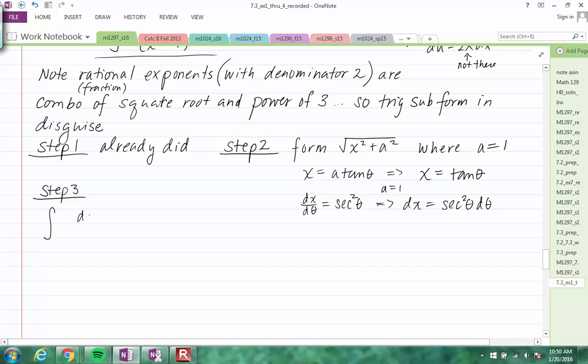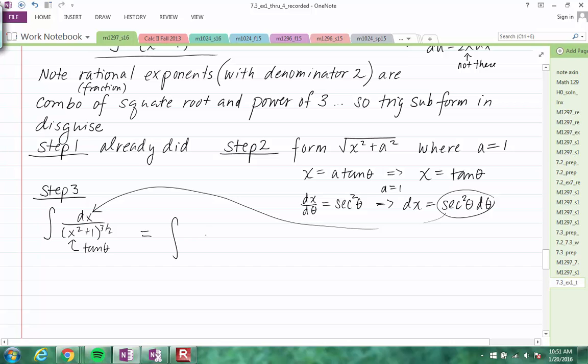We have our integral, with dx on the top, and then parentheses x squared plus 1 to the 3/2 down low. Now what we're going to do is put this in terms of theta by substituting for dx, and anywhere we see x, we're going to put in tangent theta.